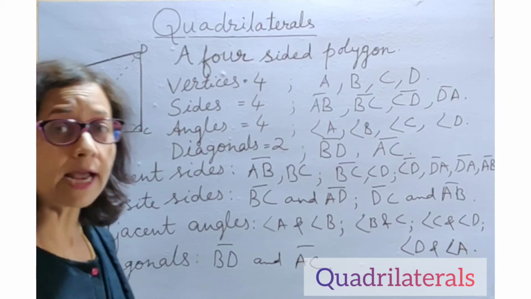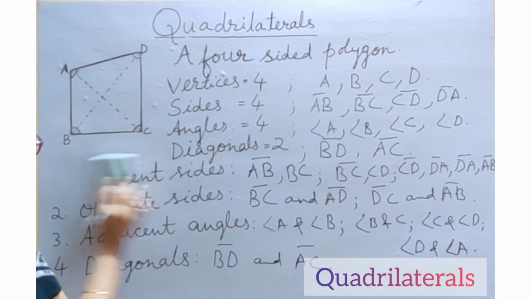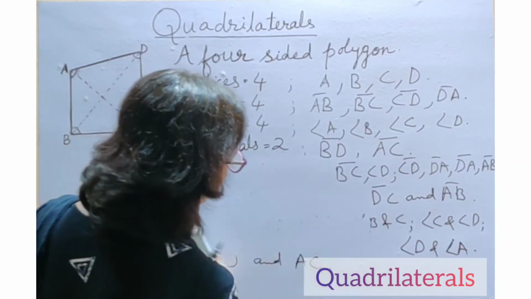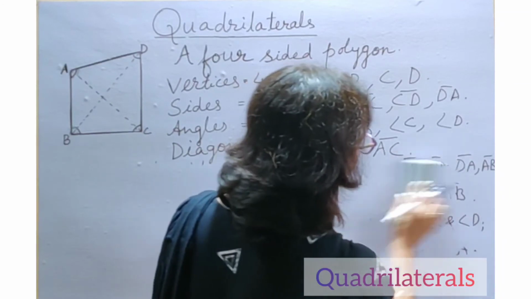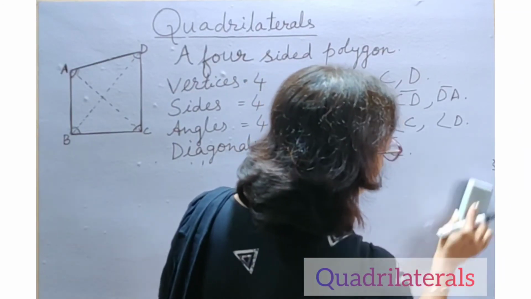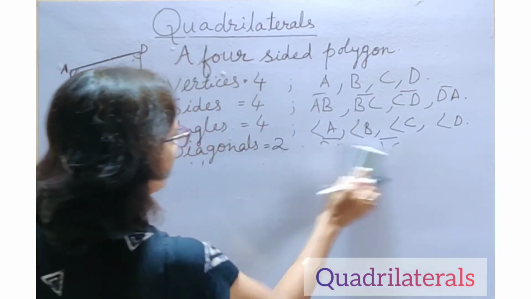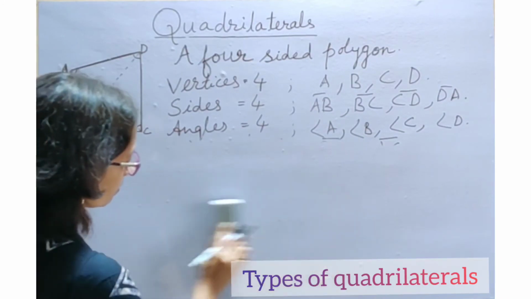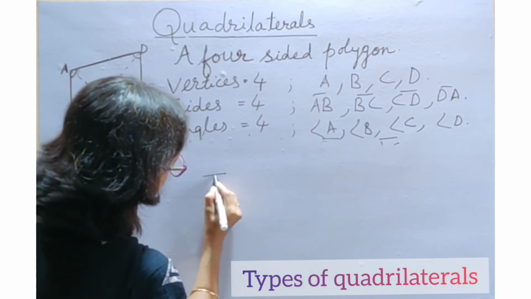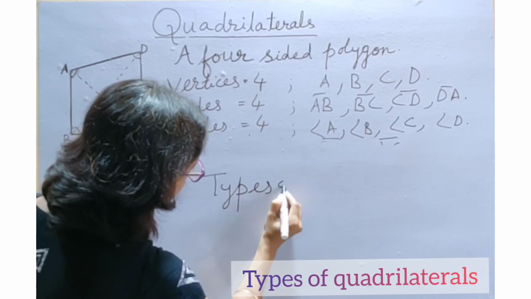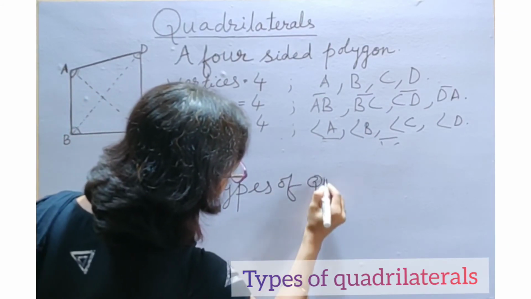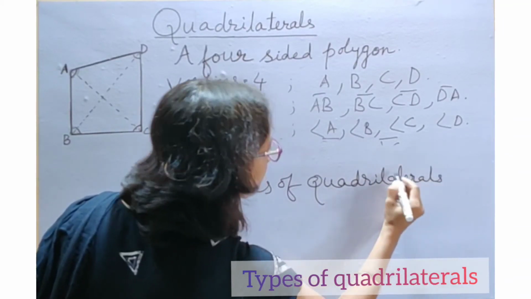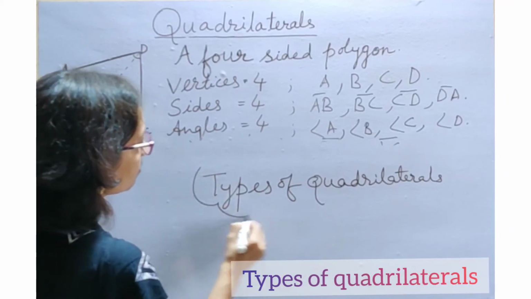Now let us know the types of quadrilaterals. What are the types of quadrilaterals?